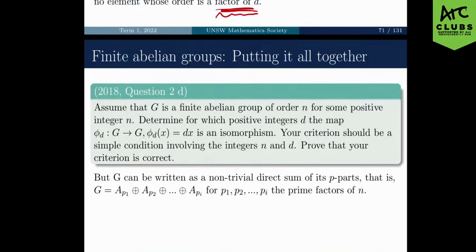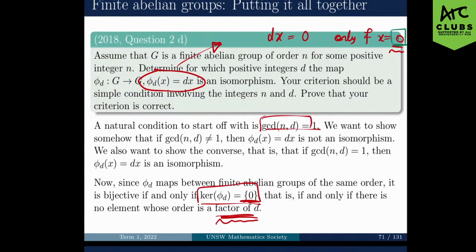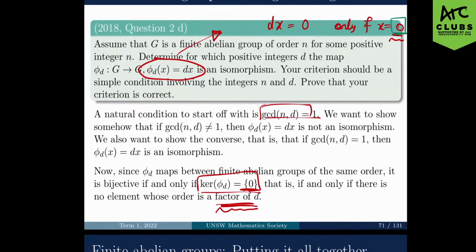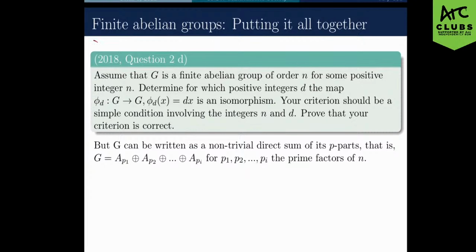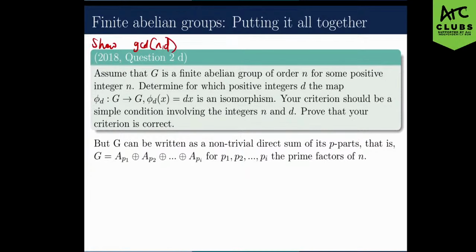So what we often do with these kinds of questions is first try to show the first part: that GCD(n, d) not equal to 1 implies that this is not an isomorphism, i.e. that the kernel is not trivial.